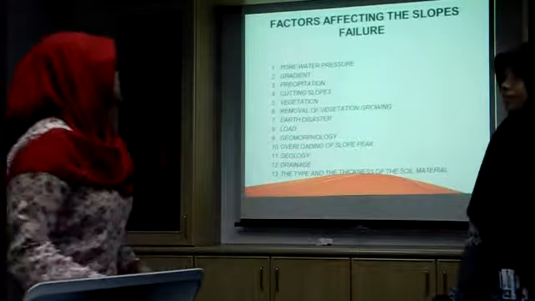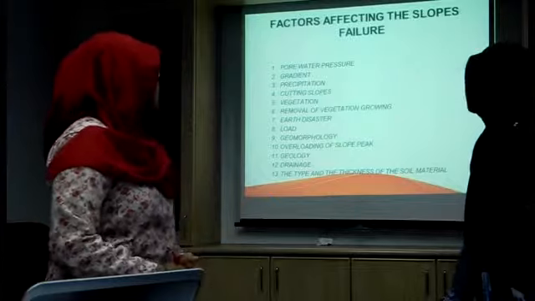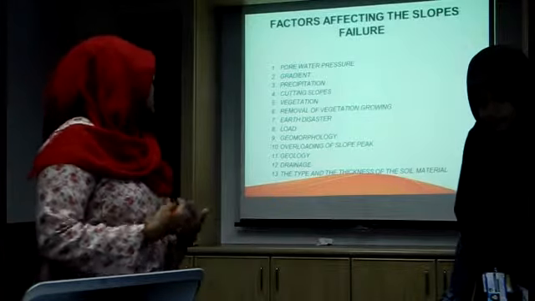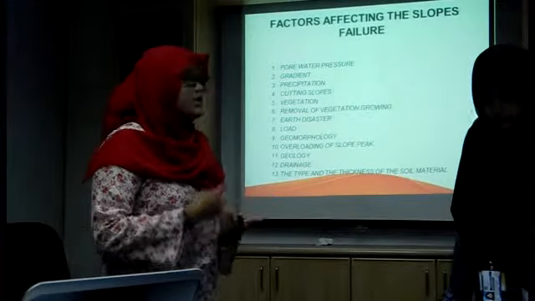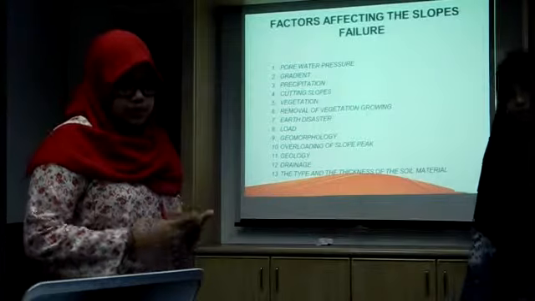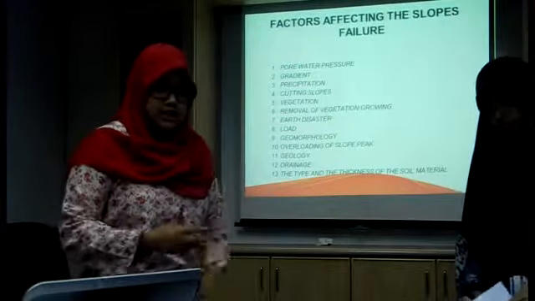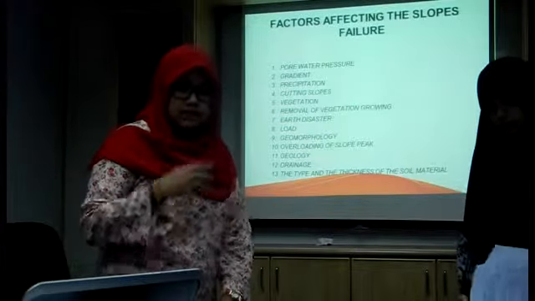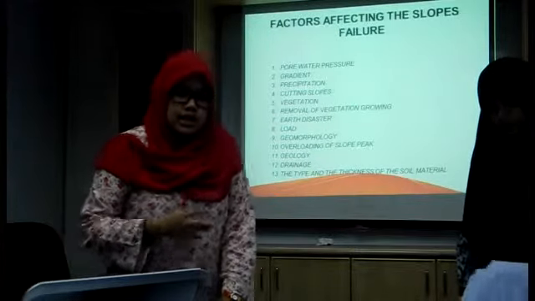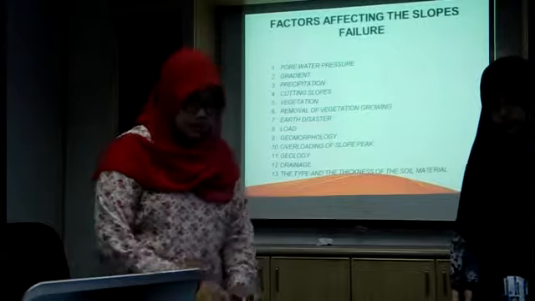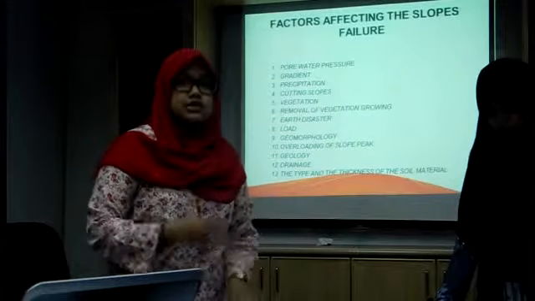Next are the factors affecting slope failure. For my point: pore water pressure, gradient and precipitation. Pore water pressure: in a normal condition, the slope has a moisture content and pore water pressure that can help in strengthening the bond among the soil particles.